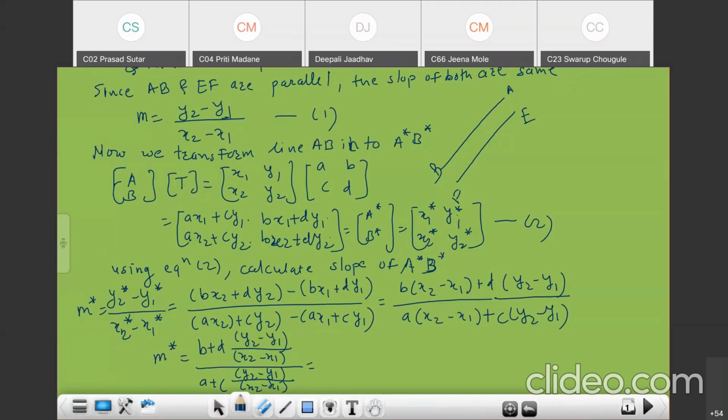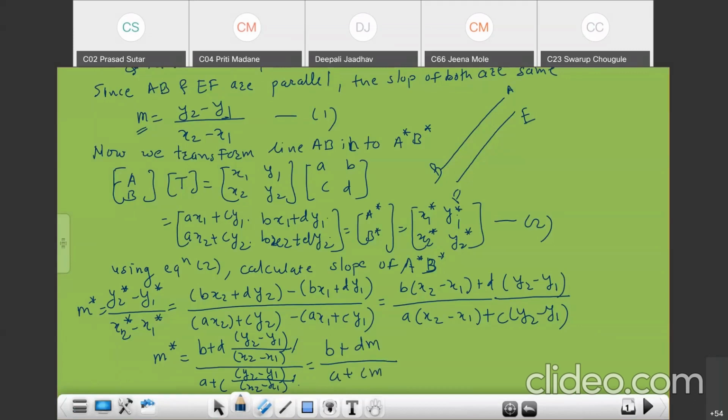These parts are the same, so what remains is y2 minus y1 divided by x2 minus x1, which is m, as we have written in equation number 1. So from equation number 1, we simplify it to b plus d m over a plus c m.